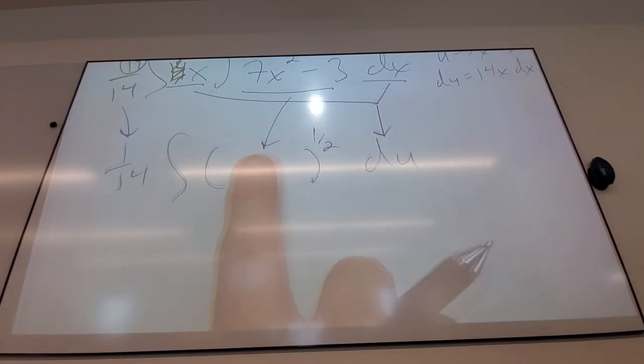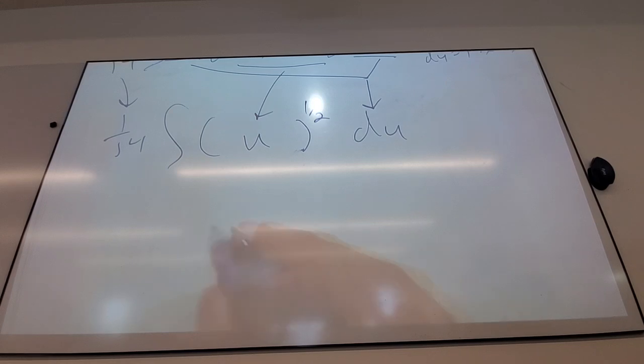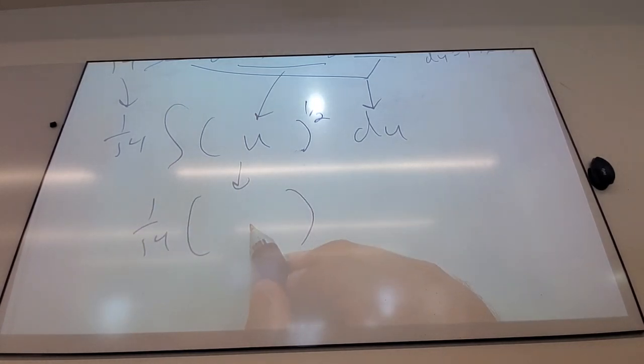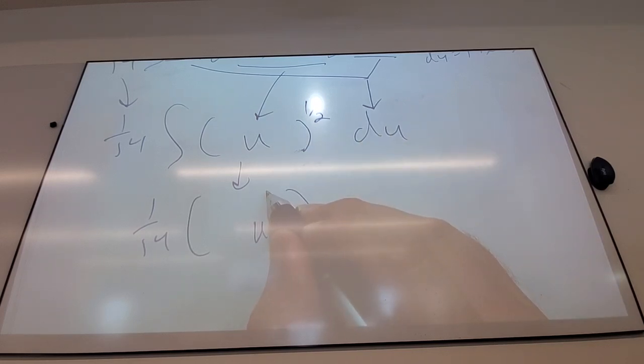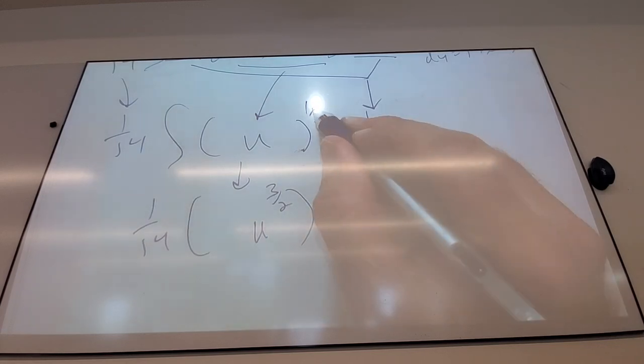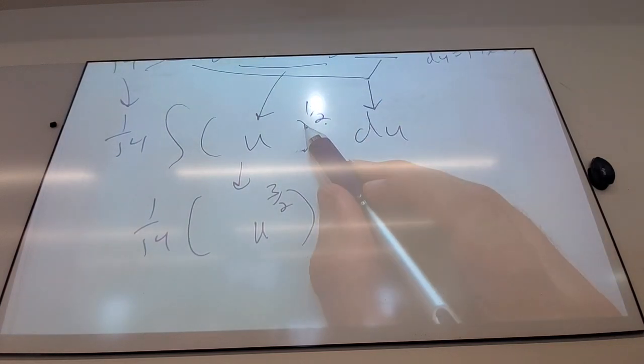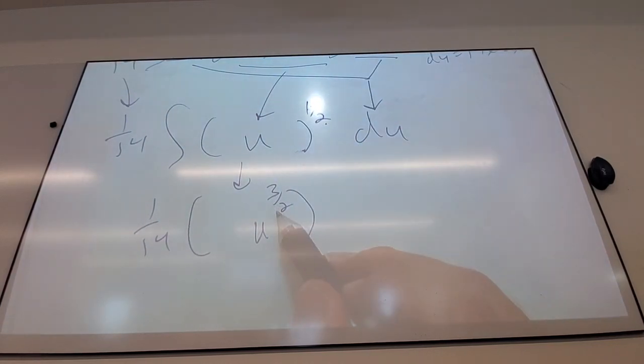Okay. So what is the integral of u to the 1/2? What's the power become? 1 plus 2 is 3, right? When you integrate, you add 1. How do you add 1 to a fraction? Add the top and bottom, put it back over the bottom.